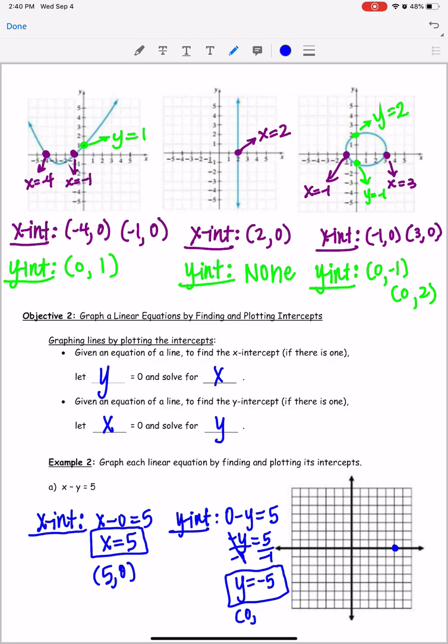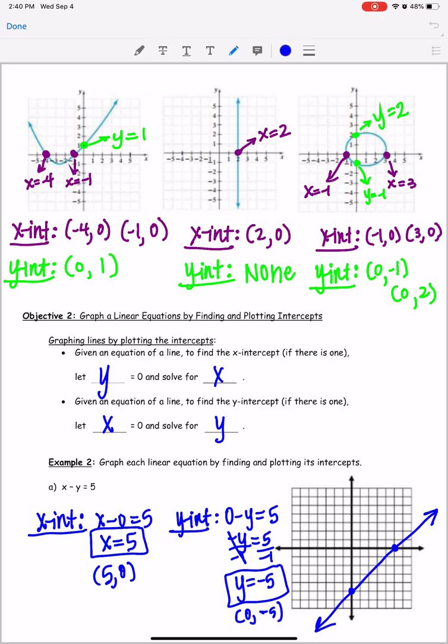But more importantly, my y equals negative 5. So along my y-axis, we need to go down 5. 1, 2, 3, 4, 5. So here is my line.